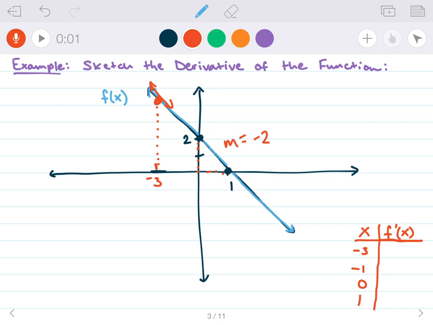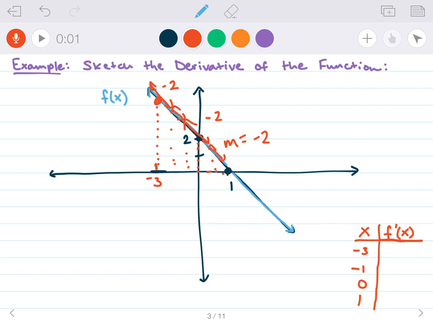So the slope of this tangent line is also going to be -2. And actually, any point on this line is going to have a tangent line that is equal to that line. The point is that the slope is always going to be -2, no matter which x value we pick.